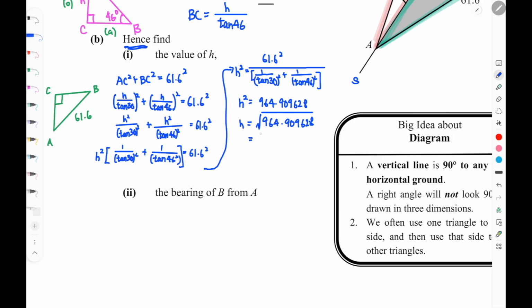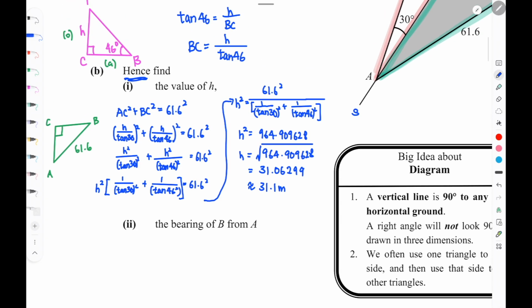I type this into the calculator, I get 31.06299, and then I round off, it will give me 31.1 meters.